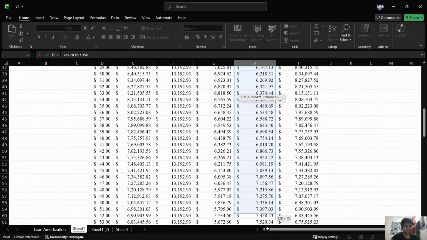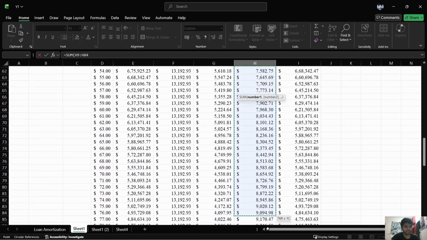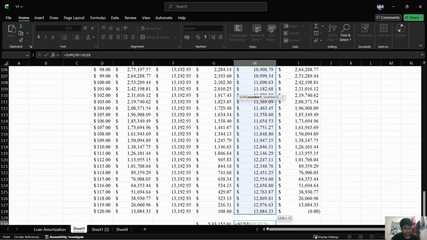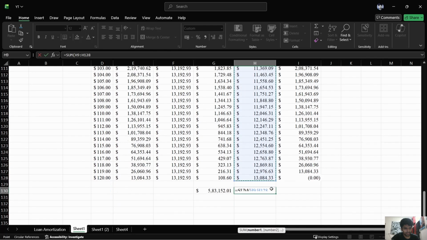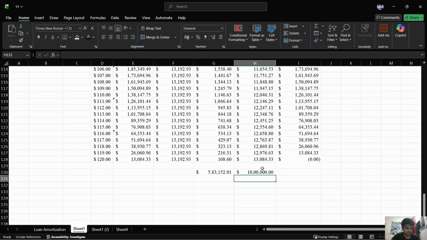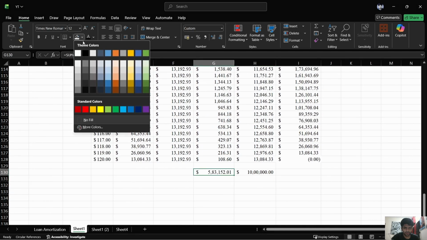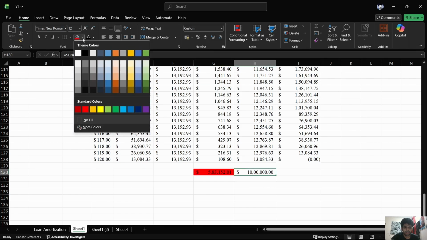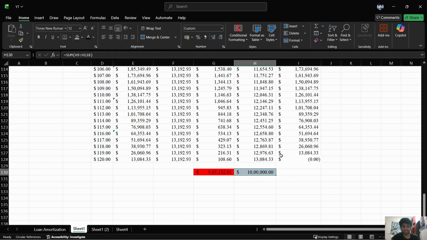Similarly, we'll select the whole column of principal paid, and it should come to about 10 lakhs, as that was our loan amount. Now, the interest I would like to put in light red, because it is the extra money we are paying at the end of the day. And the principal I would put in light blue, because that is the amount we had to pay.